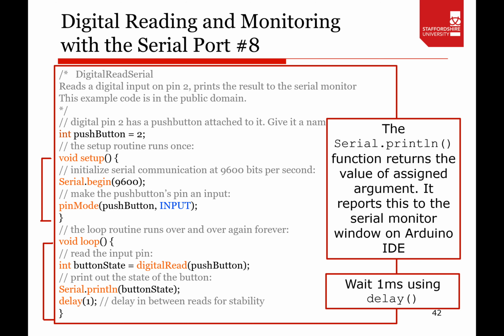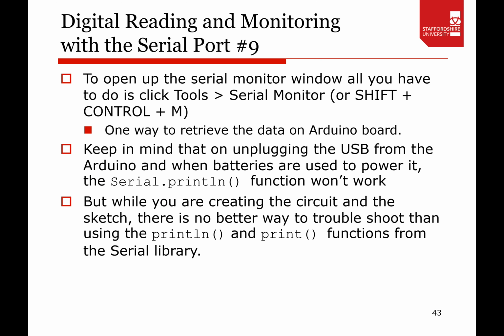So the serial print line function then returns the value of the assigned argument. It reports this to the serial monitor window on the IDE, which is what I just showed. Wait for a delay and then repeat. I opened up the serial monitor port in Arduino.